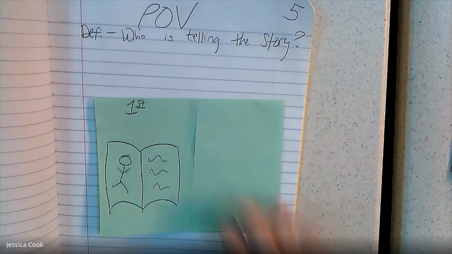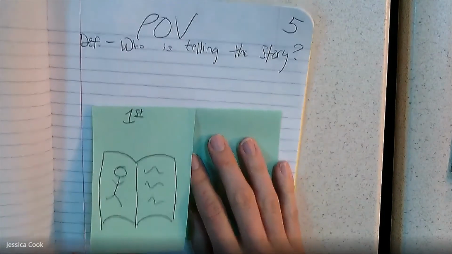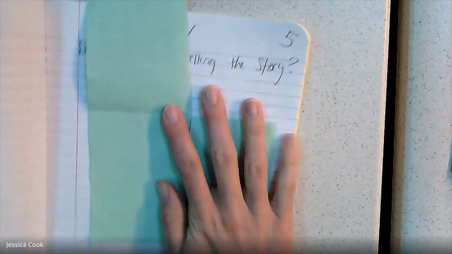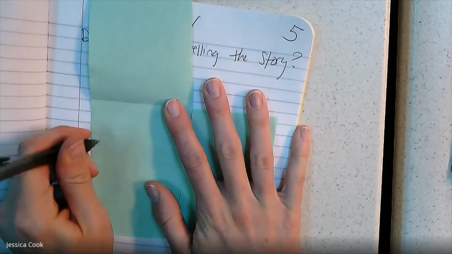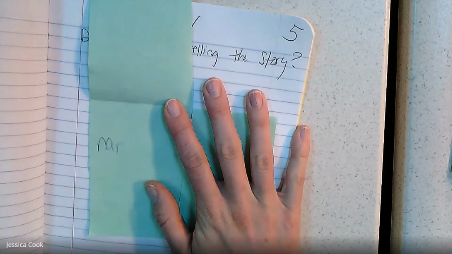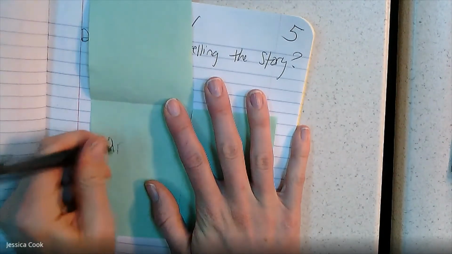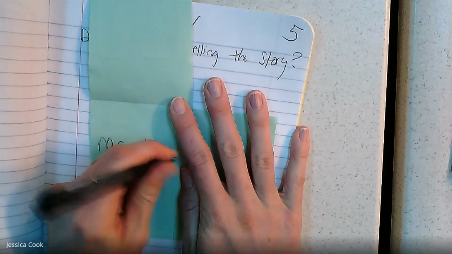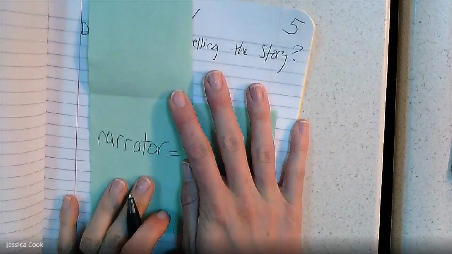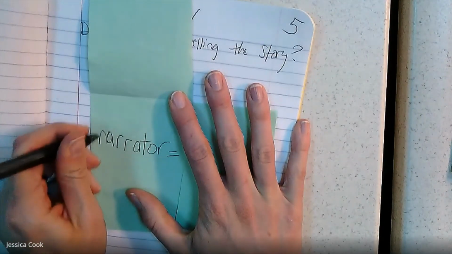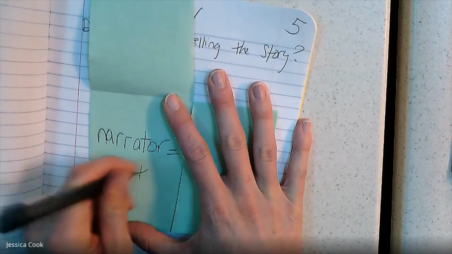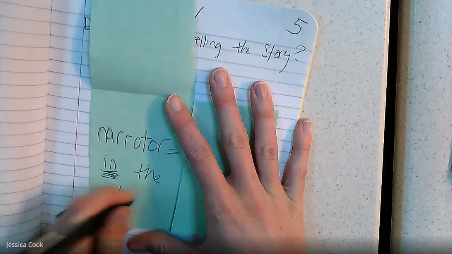And they're going to use some key words. So let's open the flippy flap. Let's tell ourselves that in first person point of view, no pen, the narrator, N-A-R-R-A-T-O-R, the narrator is in the story.